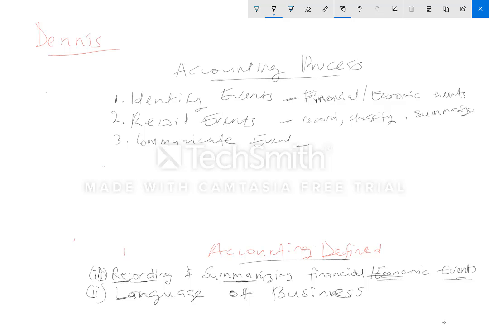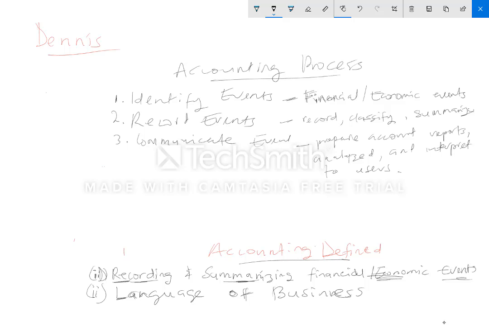Then communicate the event, that is, prepare account reports, analyze, and interpret to users.